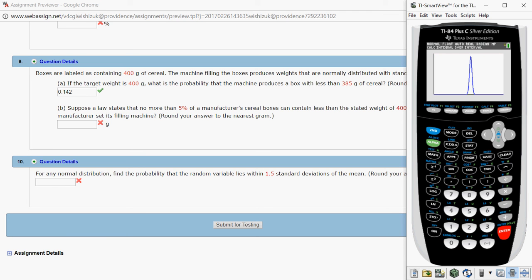It came out very, very close, so 423 would be the one. Let's submit for testing. It came back and it looks like we got this one correctly as well.